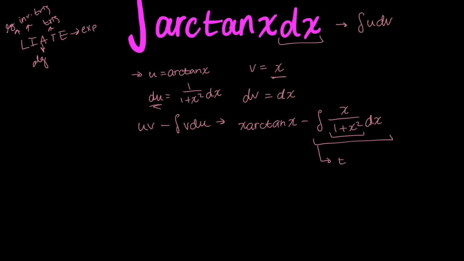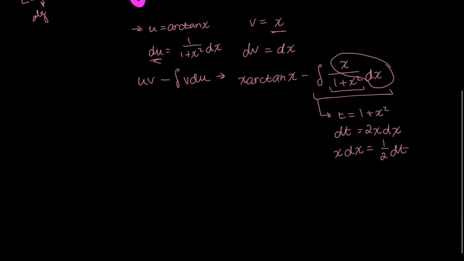So t is going to be equal to 1 plus x squared in this case, and dt is going to be equal to 2x dx. Because in our integral we have x dx, we could rewrite x dx as 1/2 dt, and then rewrite the integral in terms of t and dt. I'm going to take that 1/2 out.